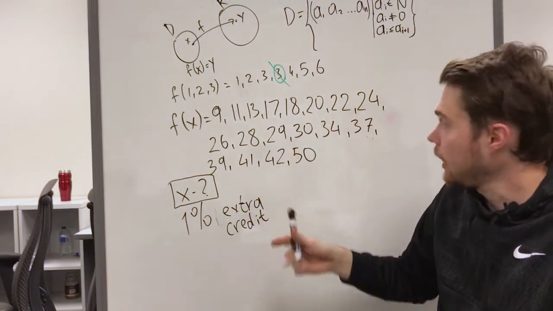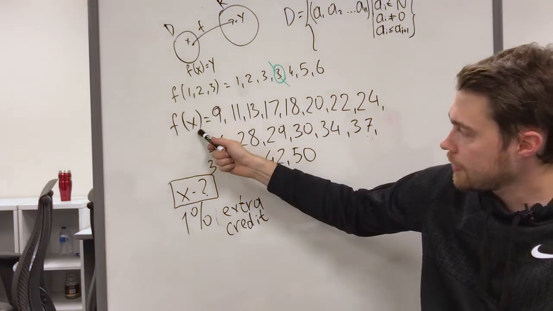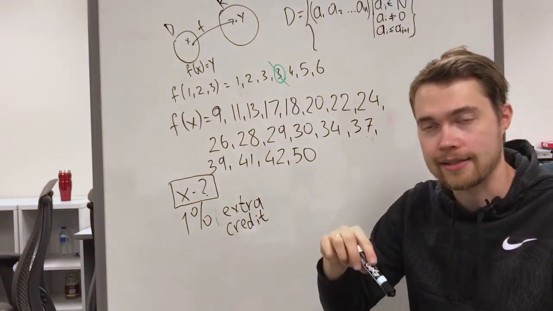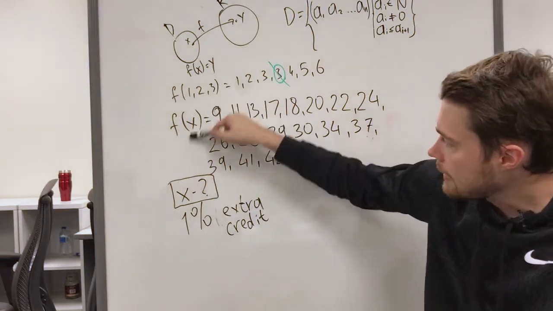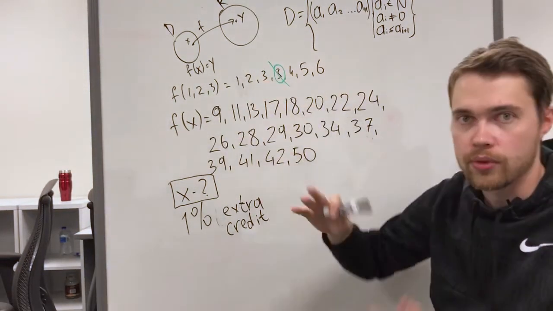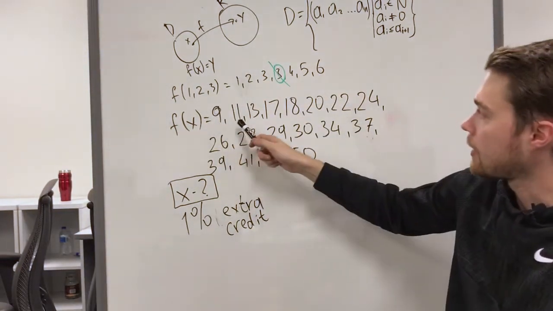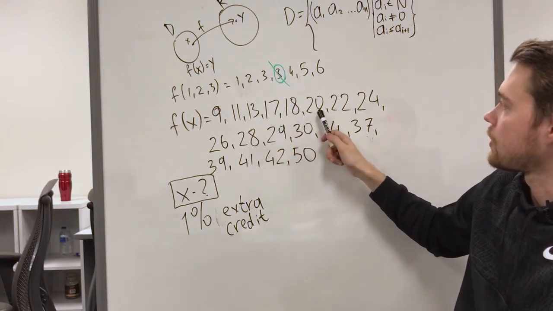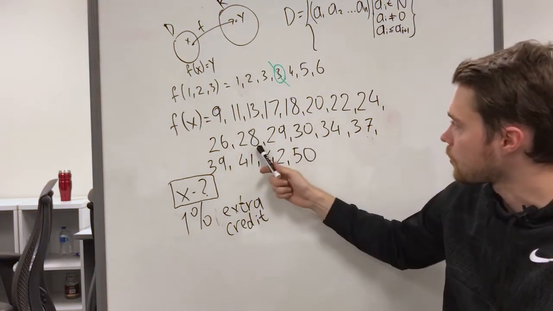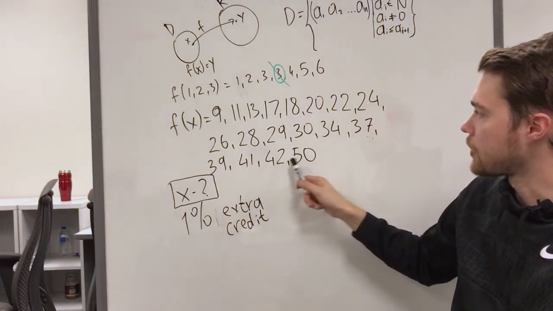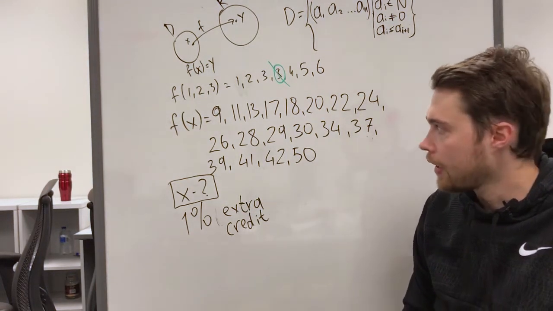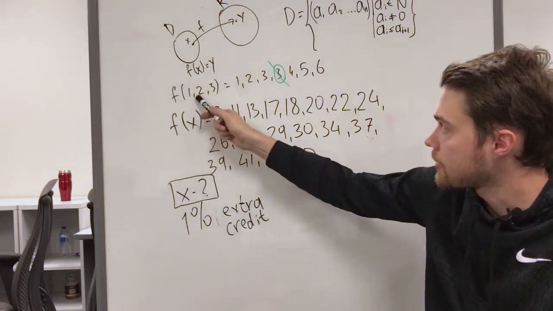So what you need to do is find X, or prove that such an X doesn't exist, for which this is going to be the output set: 9, 11, 13, 17, 18, 20, 22, 24, 26, 28, 29, 30, 34, 37, 39, 41, 42, 50. Again, you have some kind of sequence of numbers.